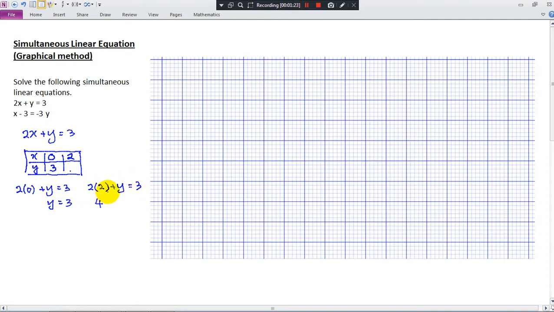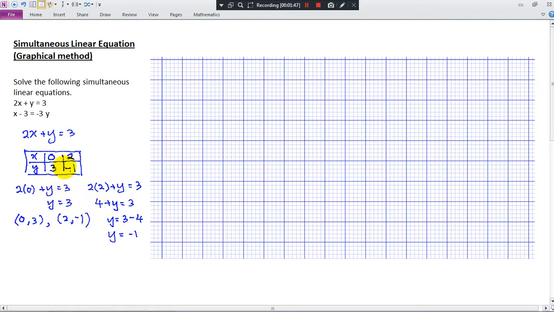And here we'll give you 4 plus y equal to 3. Y is equal to 3 minus 4. Y is equal to negative 1. Now you have 2 points, (0, 3) and (2, -1).